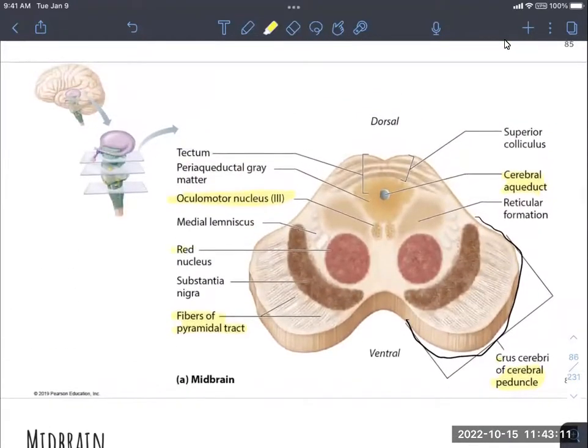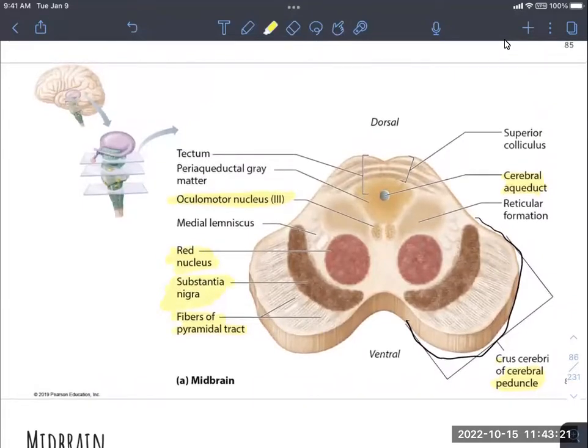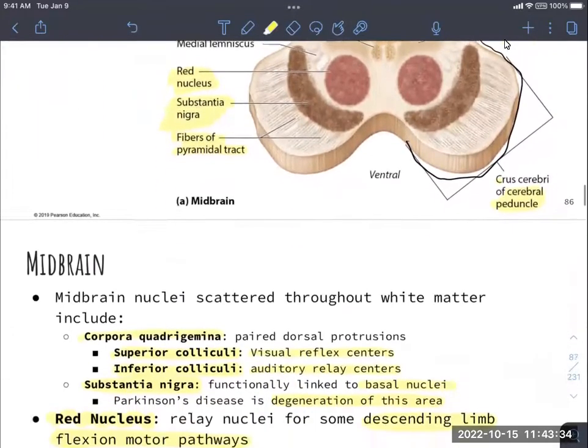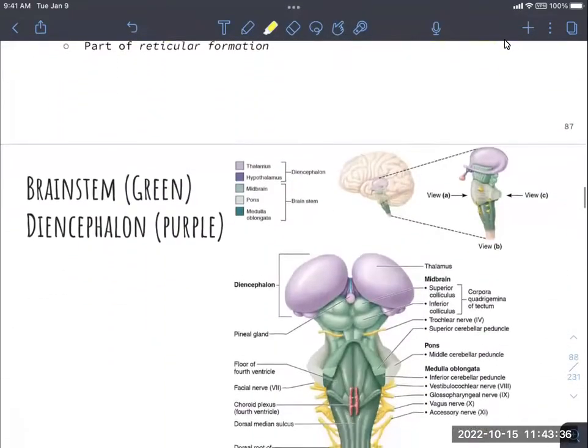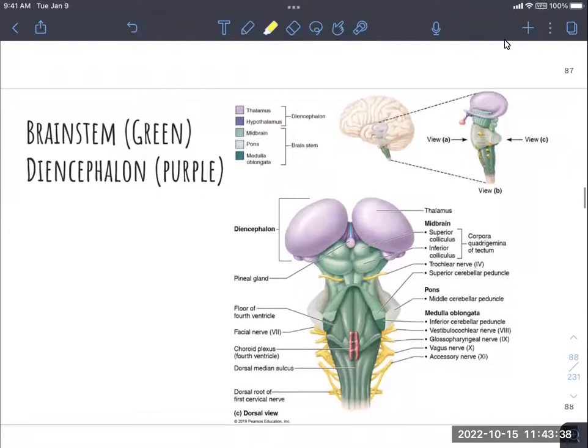So here's that red nucleus. That's substantia nigra. Here's that superior colliculus. And there's no inferior colliculus on there. But here's another way to look at it.